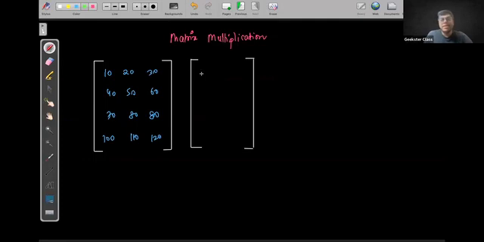And the second matrix is 5, 15, 25, then 8, 18, 28, then 36, 26, 6, then 40, 10, 30. This is the second matrix.